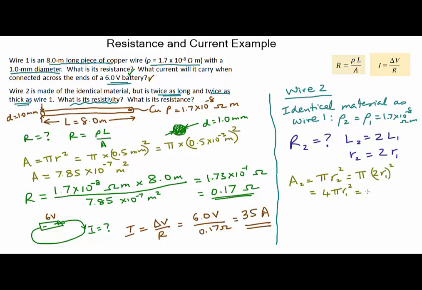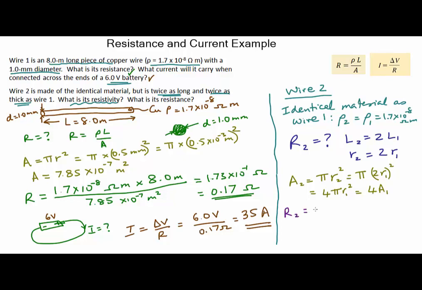And since pi r1 squared is just A1, this is simply 4 times A1. So by doubling the radius, I have quadrupled the cross-sectional area. That's because the area of this circle has the squared relationship with the radius, so doubling the radius quadruples the area. Okay, so now I'm finally ready to calculate the resistance.